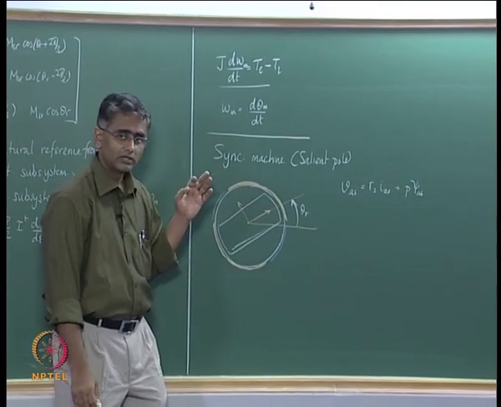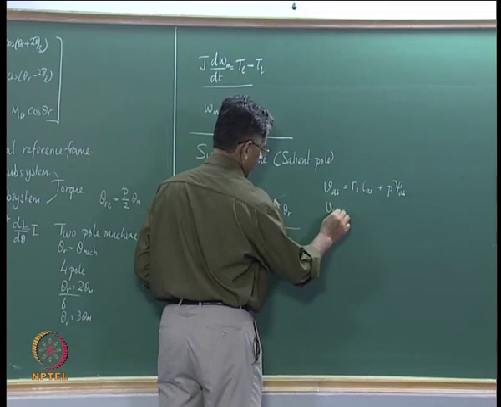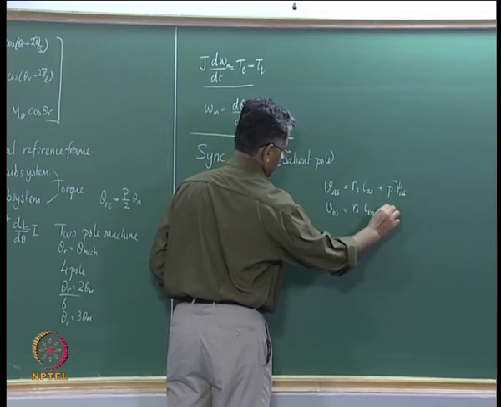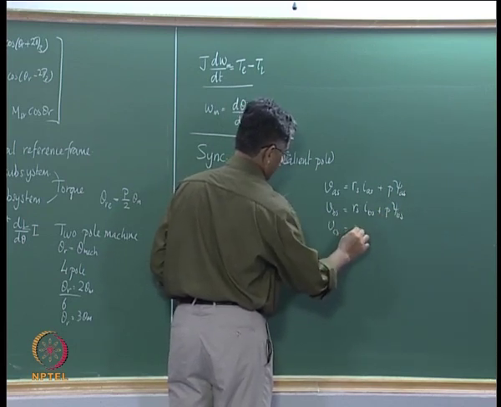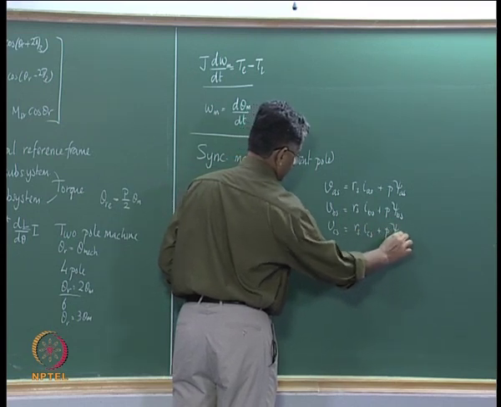This is for the stator A phase, and similarly you get an expression for VBS equals RS into IBS plus P times psi BS, then VCS is RS into ICS plus P times psi CS.